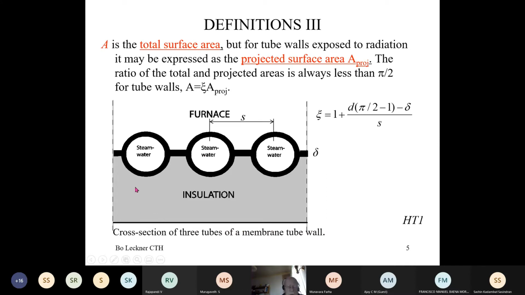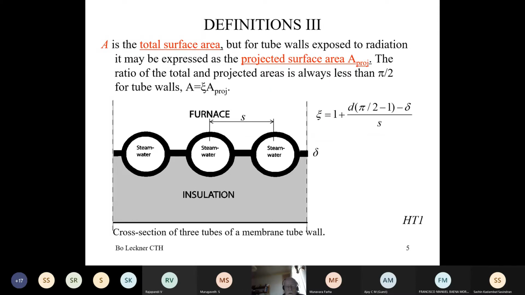The surface is not so simple because, as I have explained previously, the walls of a combustion chamber usually consist of membrane tubes. That means tubes with steam or water inside, and then these tubes are connected by fins to form a membrane surrounding the furnace.